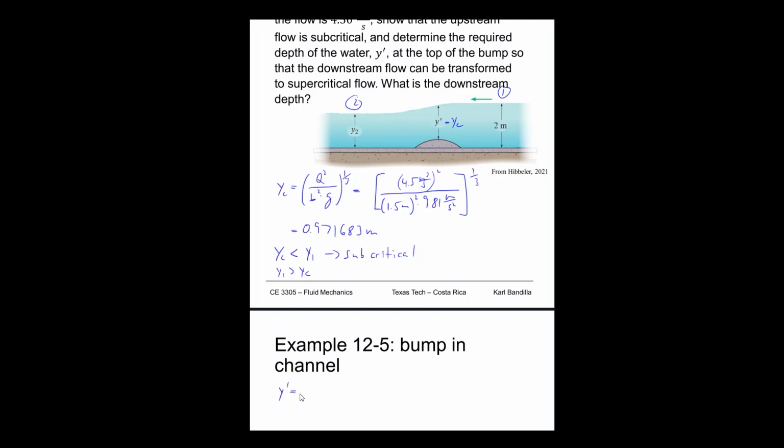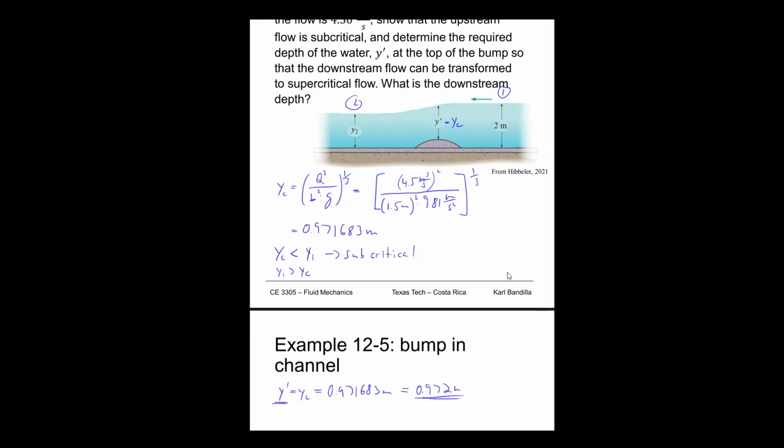Y prime is equal to YC equal to 0.97163 meters, or 0.972 meters. That's our depth there.